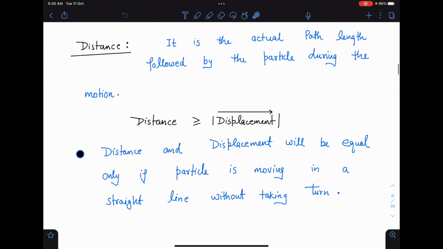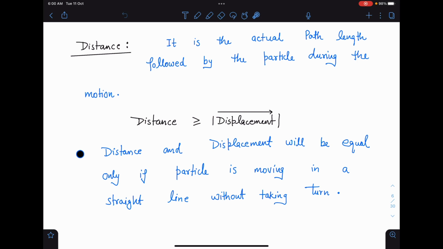Next is distance. It is the actual path taken by the particle during the motion, and we all know that distance is greater than or equal to the magnitude of the displacement vector. So distance and displacement will be equal only if the particle is moving in a straight line without taking turns. Whenever the particle takes a turn, displacement will start decreasing, but the distance traveled will keep on increasing.